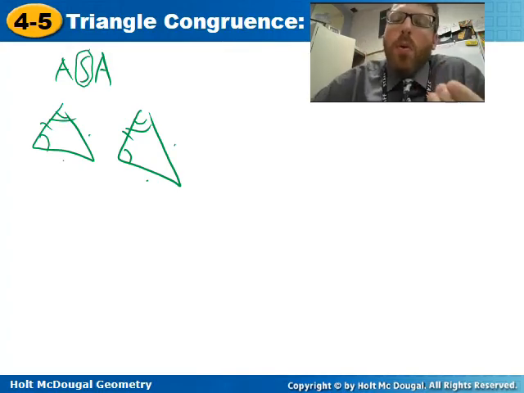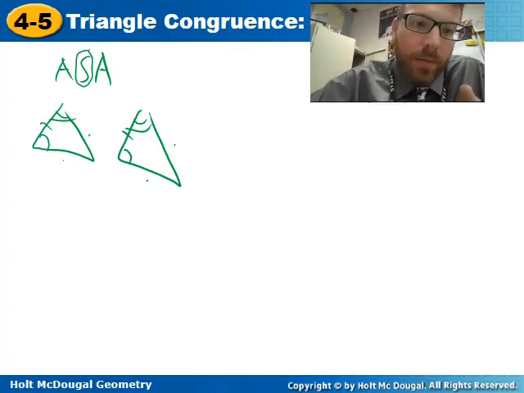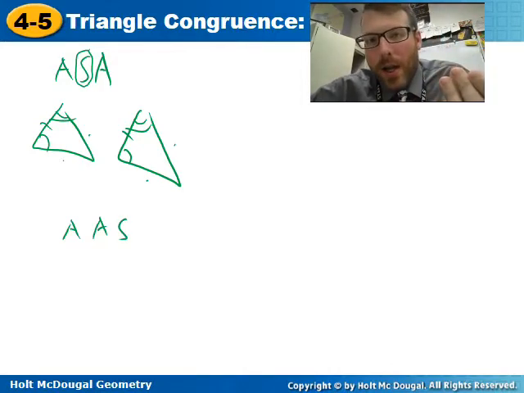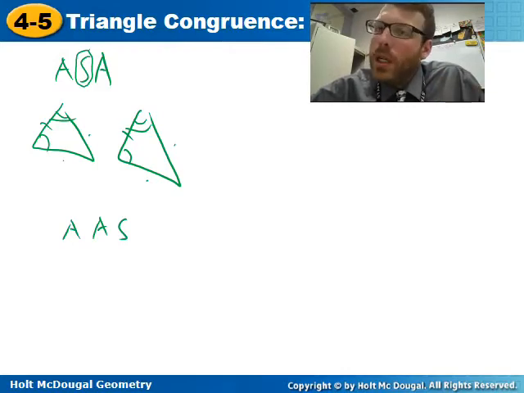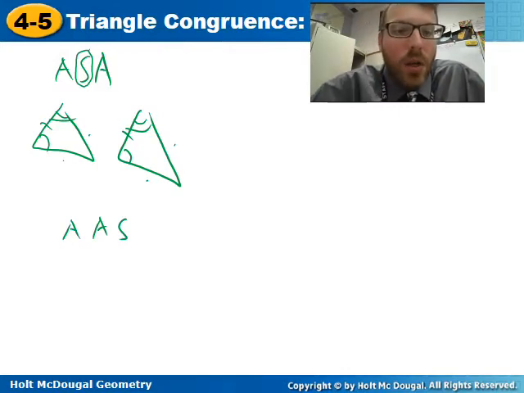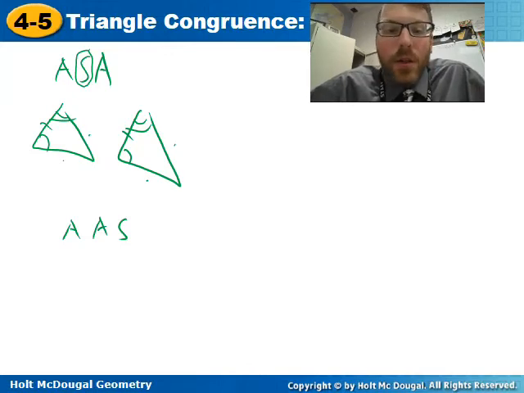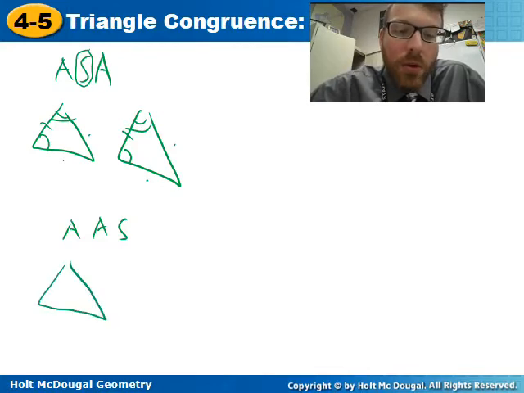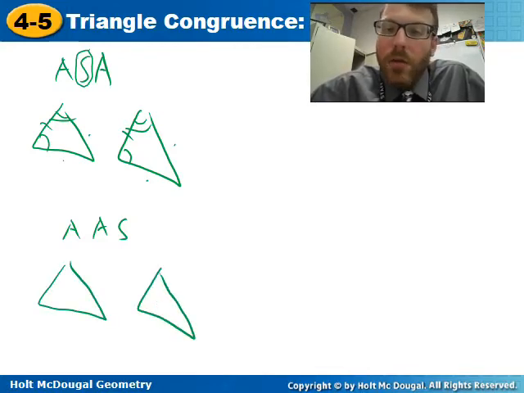Okay, we have one more 3-letter theorem, and that is angle, angle, side. Now this one's a little difficult to recognize. There are no included angles or sides in this one, but you have to have 2 angles. If you look at angle, side, angle up top, the side is included. For this one, the side is not included. It's excluded. So let me show you an example of 2 triangles that could be angle, angle, side.